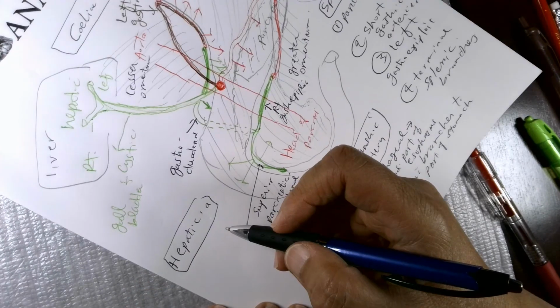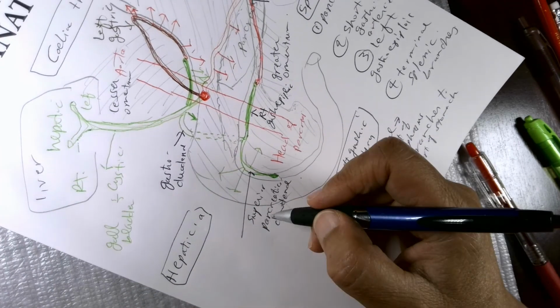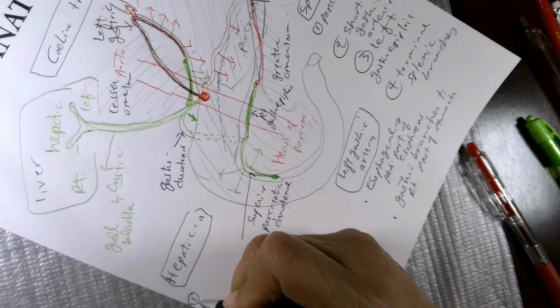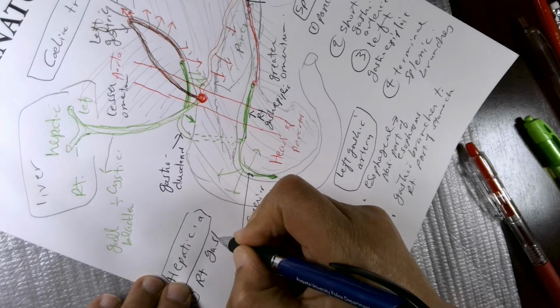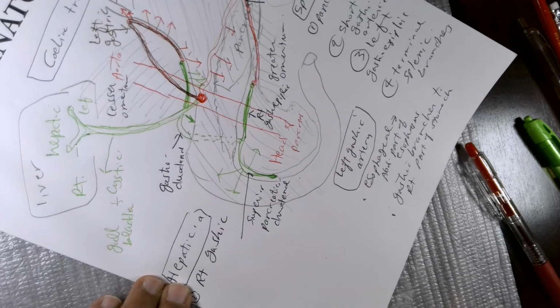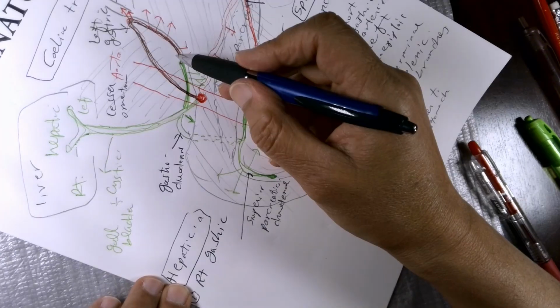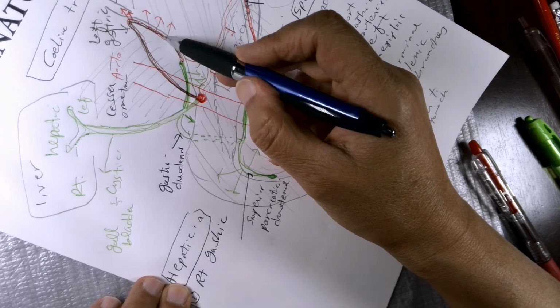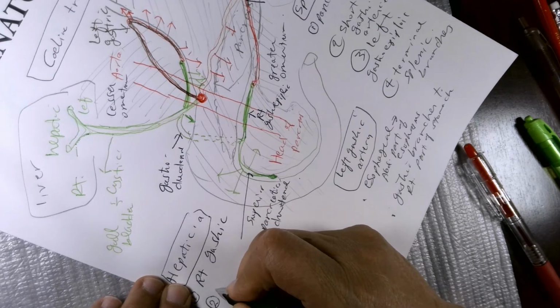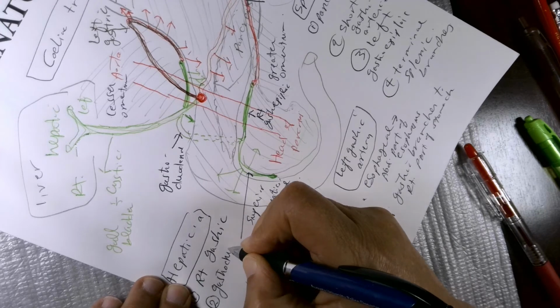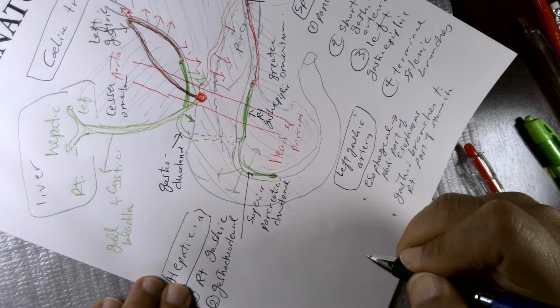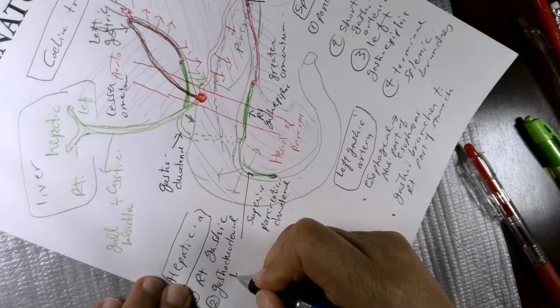Let us shift it like that and we point. First one, as I mentioned, you have right gastric in the lesser omentum, anastomosing with the left one. Second one, which is the important one, gastroduodenal, which divides into two branches.